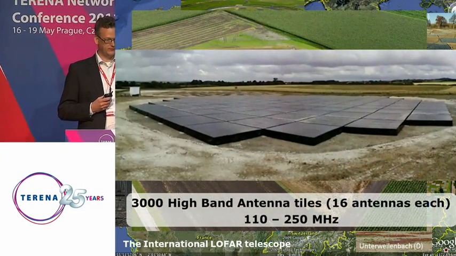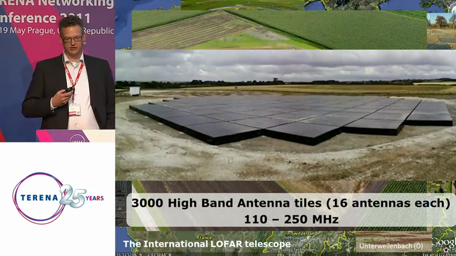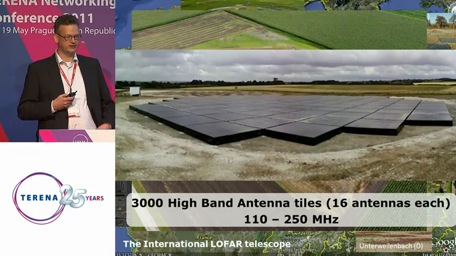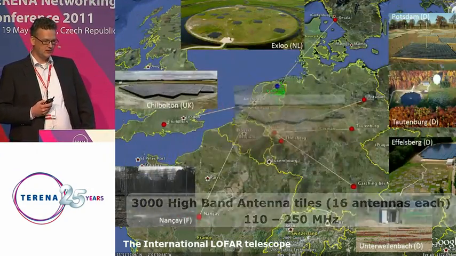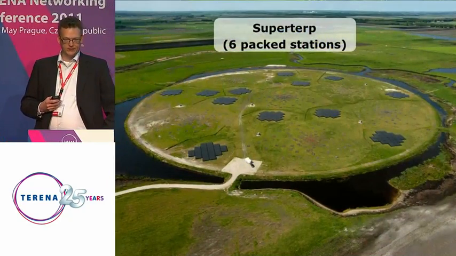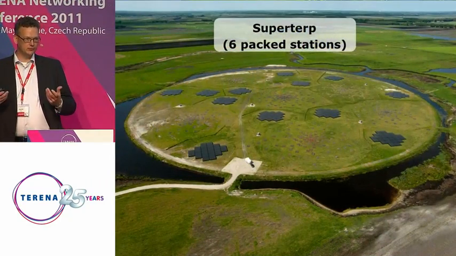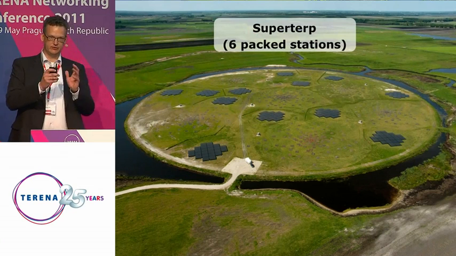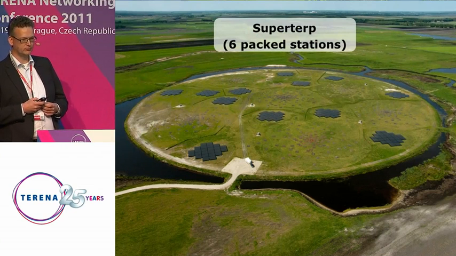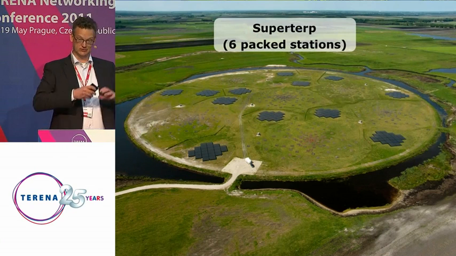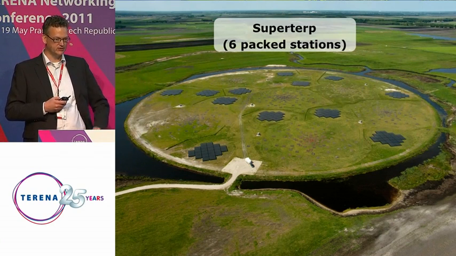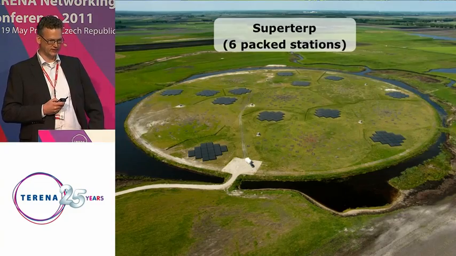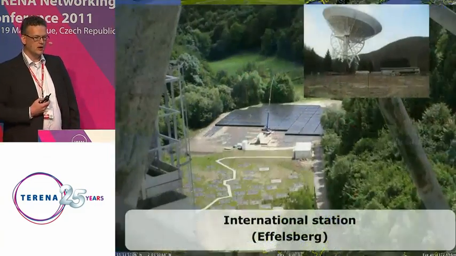And there are 3,000 high-band antenna tiles, where each tile has 16 antennas, and that can observe between, say, 110 and 250 megahertz. They're divided over the 48 stations, and at the very center of the LOFAR telescope there's what we call the superterp. Basically it's an island where 6 closely packed stations are placed, and that's really the center of the LOFAR telescope.